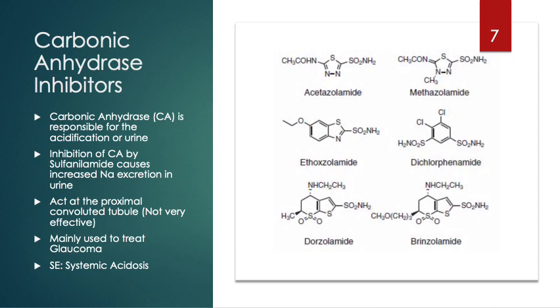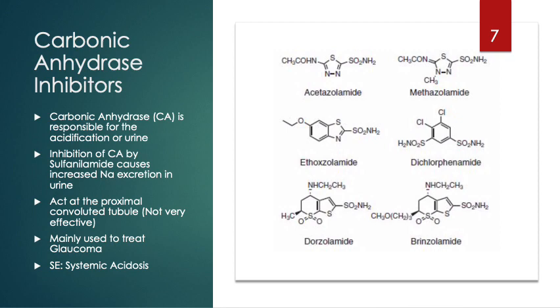So when you take that into consideration, the carbonic anhydrase inhibitors, first of all, although they increase the sodium excretion, most of the sodium is going to be reabsorbed in the body. Number two, they actually cause systemic acidosis because they get rid of so much bicarb in the urine.